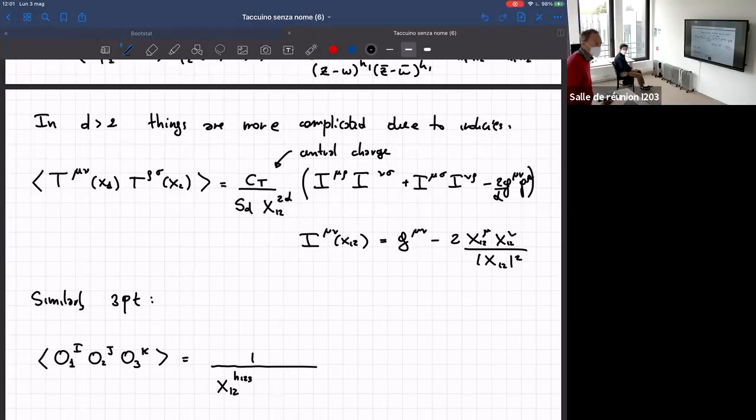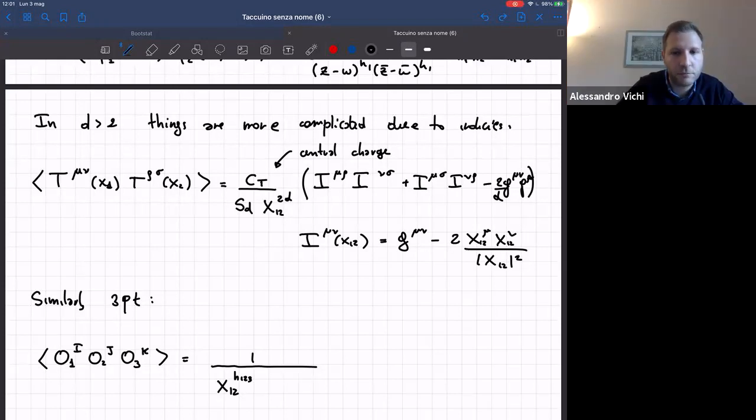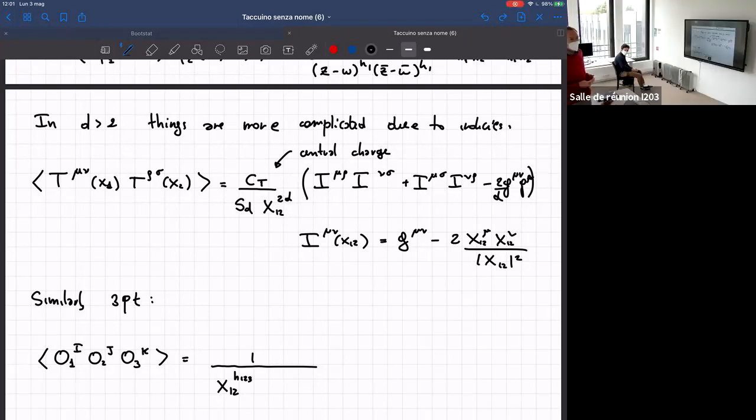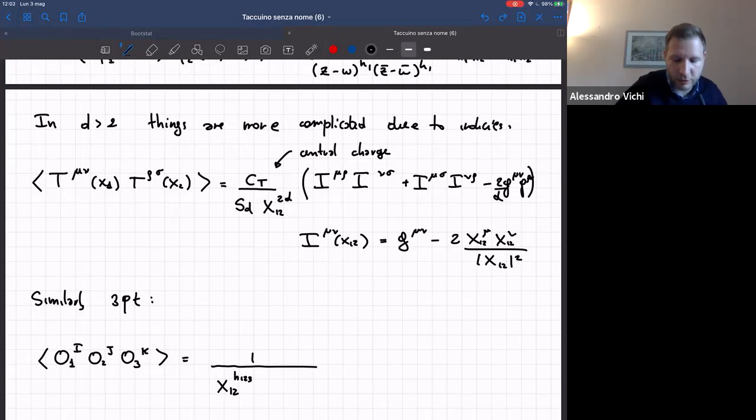Yes, one other question. So you wanted to use field normalizations, operator normalizations, to get rid of the prefactors in two-point functions. But here you don't want to do that with the stress energy tensor. So how do you fix its normalization? Yeah, the normalization of the stress tensor is fixed in terms of its three-point function, if you want.